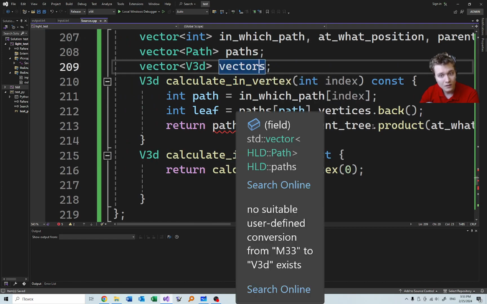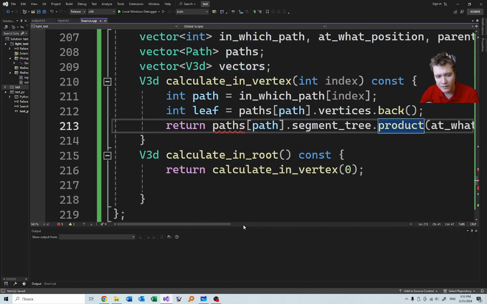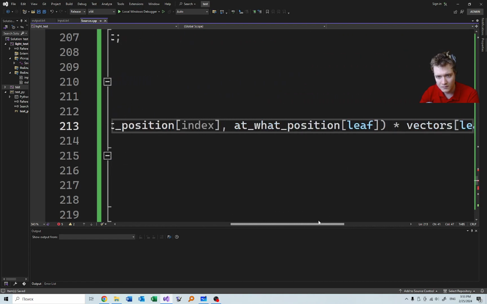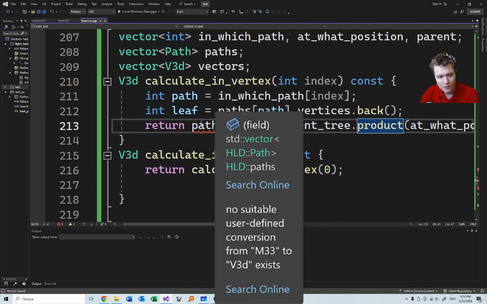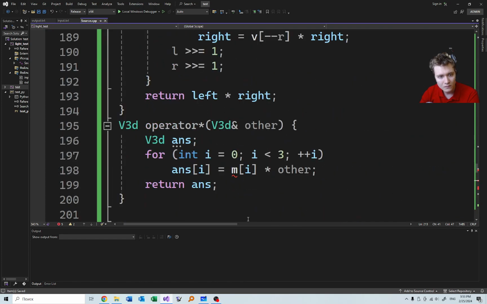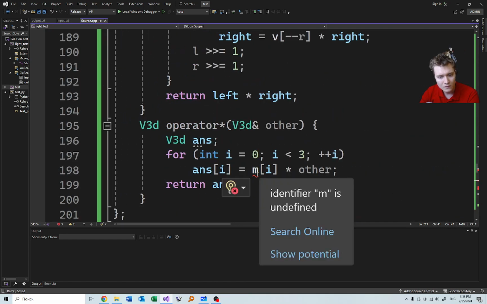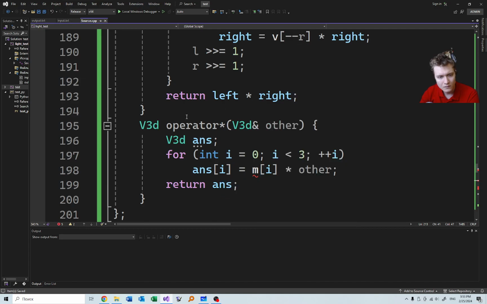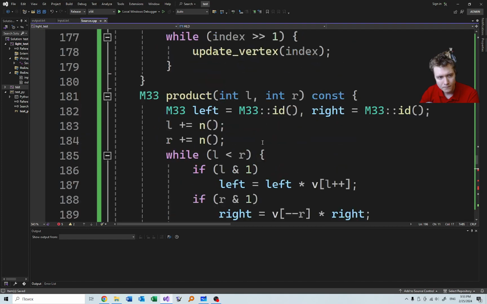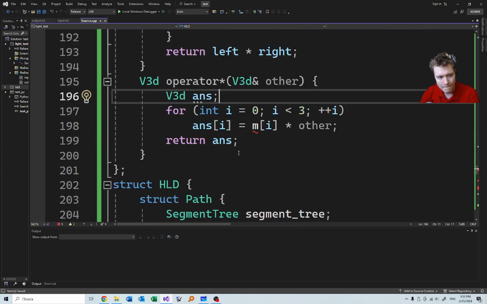Product is m33? Yes. No suitable... Oh, okay.